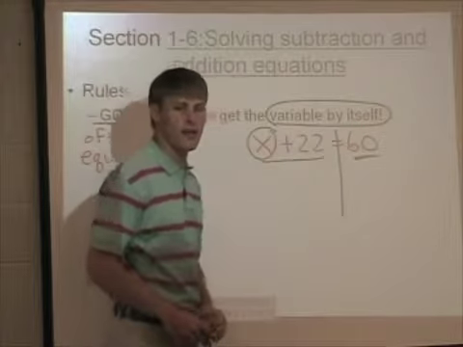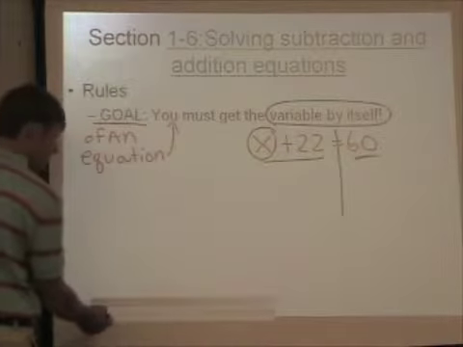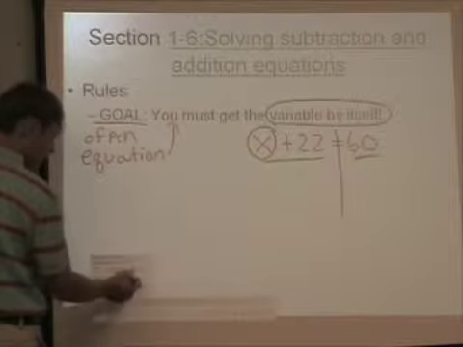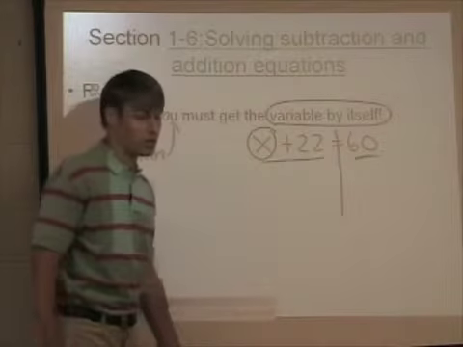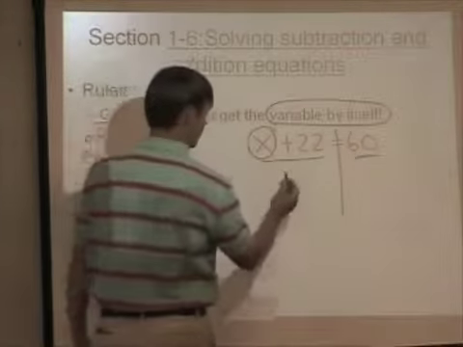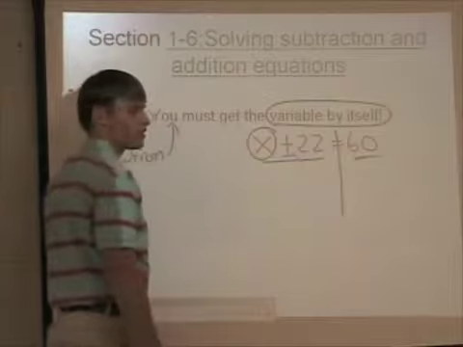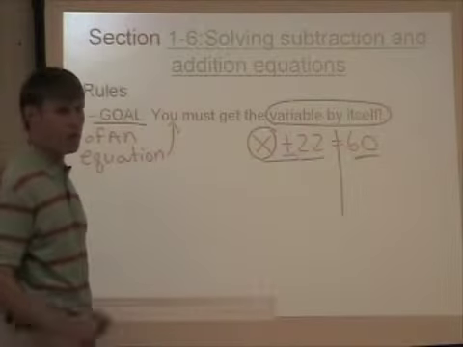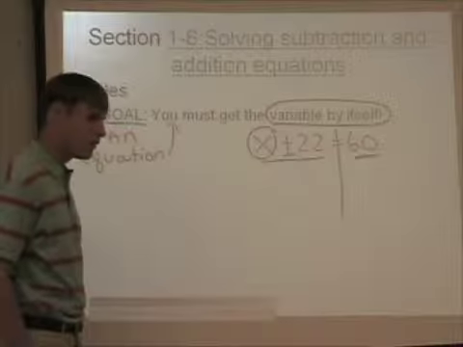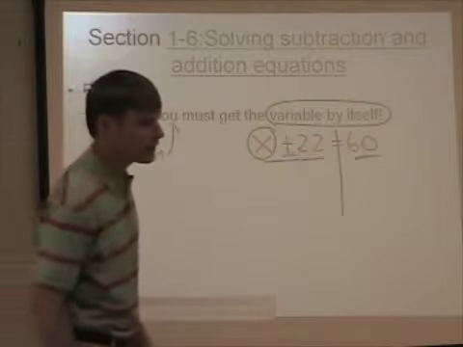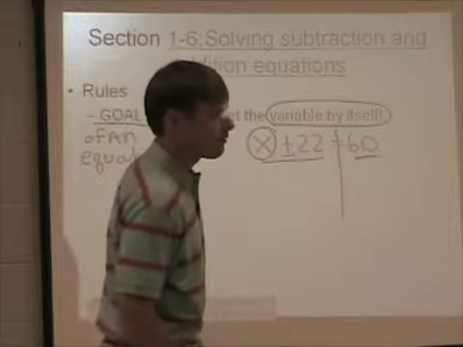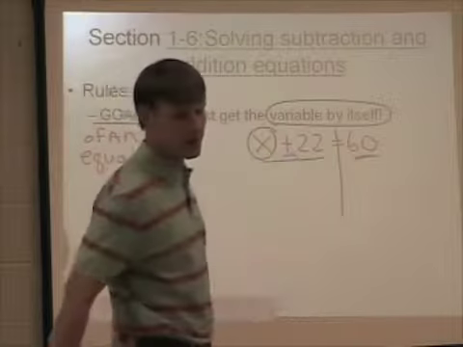Now, the way that you go about moving 22 to the other side is you do the inverse operation. So what operation do we have going on right now? Addition. We have addition going on, don't we? And what do we want to move? 22. Why do we want to move 22? Because you want x by itself.